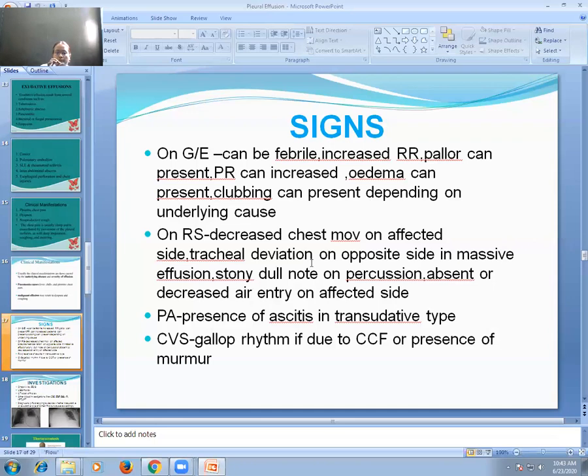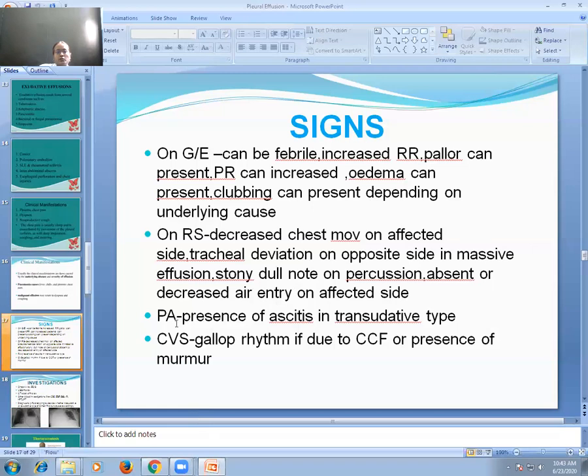So from history point and from examination point, you have to support your diagnosis, and you should be able to explain why you are putting the diagnosis of pleural effusion, that it could be a pleural effusion case.